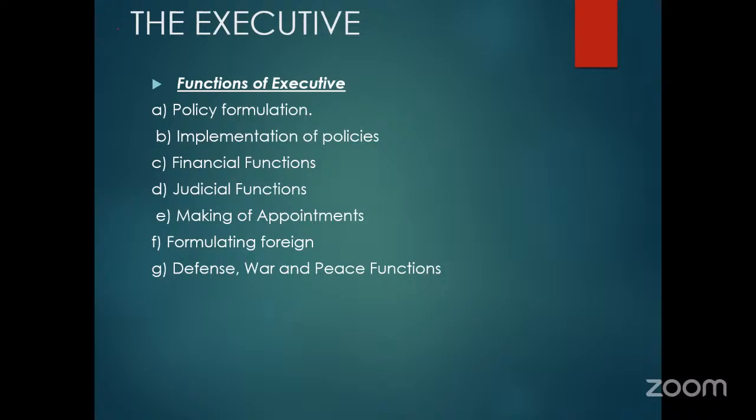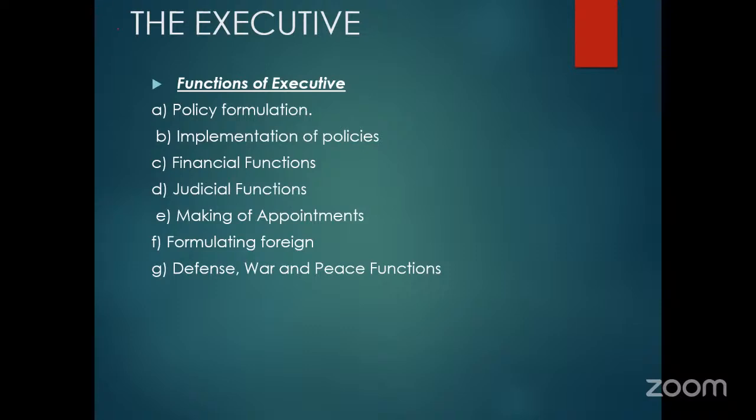Next, coming to the making of appointments. Here, all the major appointments are made by the chief executive. For example, the President of India appoints the Chief Justice and the other judges of the Supreme Court and the High Court.